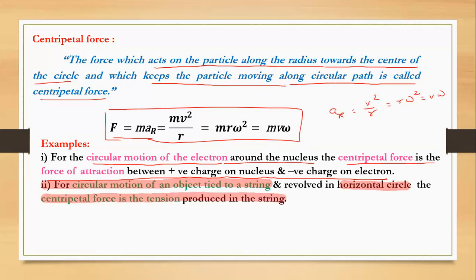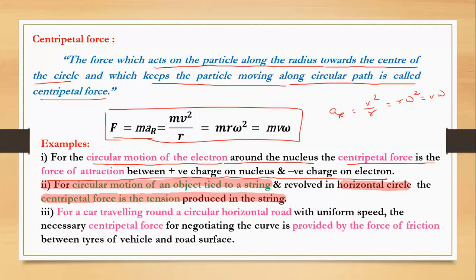We already discussed centripetal force is a necessary force. Without tension in a string, you cannot imagine the circular motion of a stone tied by a string. So the necessary force is tension in case of motion of stone, and that necessary force is acting as a centripetal force.